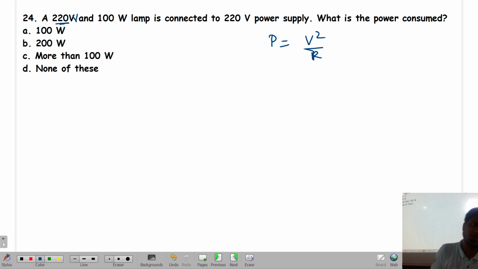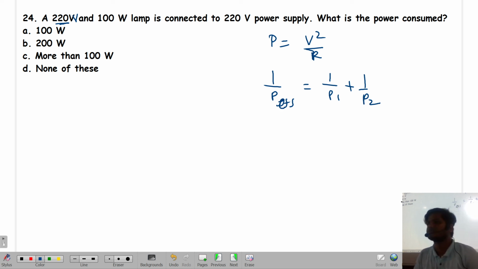For the first bulb, a different resistance will be there. For another bulb, a different resistance will be there. So effective power will also have a similar formula as 1 by P1 plus 1 by P2, when you connect these bulbs in series. Understood or not? Power becomes in terms of parallel connectivity.